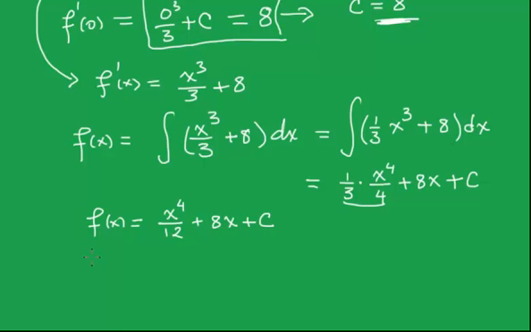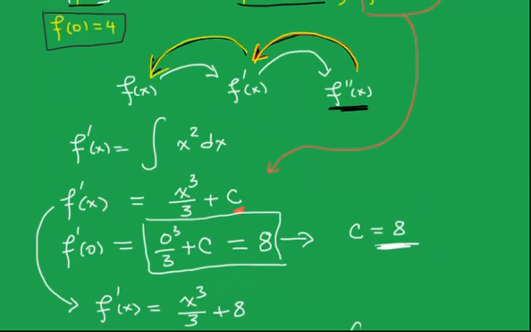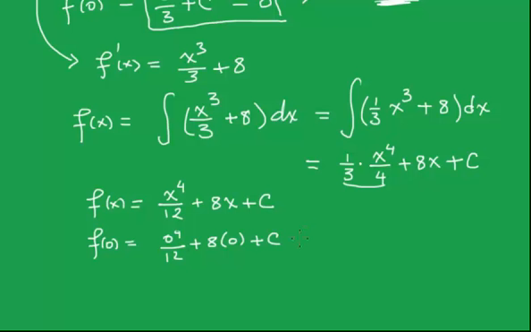So let's go ahead and compute f of 0 using this expression. It's going to be 0 to the power 4 over 12 plus 8 times 0 plus c. But f of 0 is equal to 4. Remember what we have up here? So this f of 0 has to be equal to 4. And now you solve for the new c. What do you get for c? This is obviously 0. So you get that c equals 4.